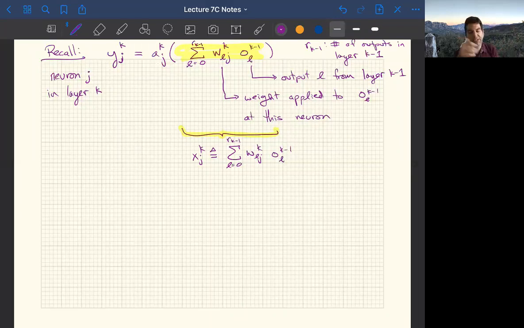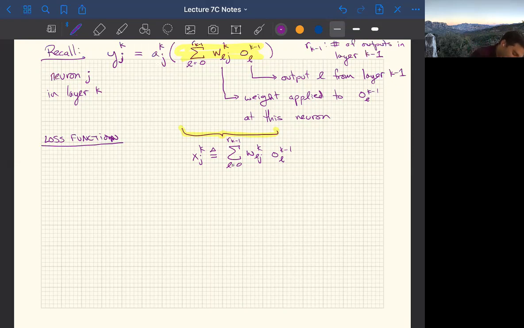And then now I just need to figure out how I am going to train these weights. And so I picked a loss function. For simplicity, I chose a nice quadratic least squares type loss function.